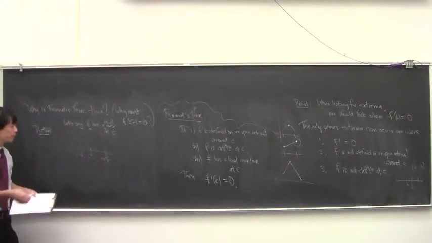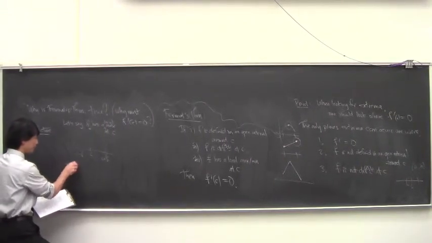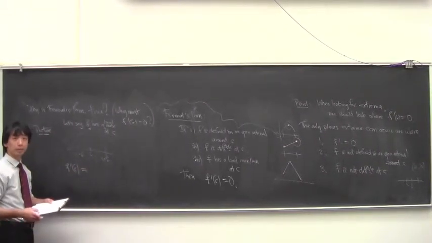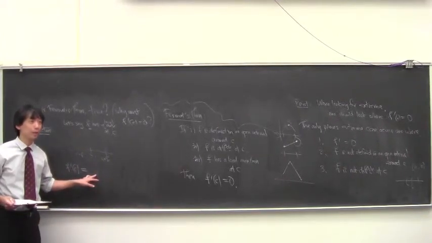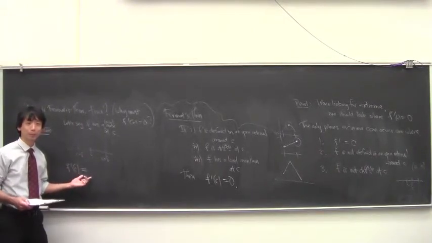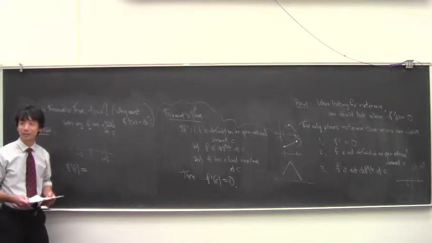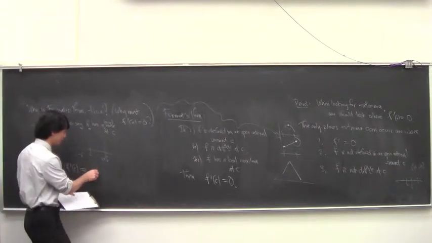Now let's think about the derivative, f prime of c. We're trying to see that the derivative is 0. Well, let's look at the derivative. How do we define the derivative? Anyone remember the definition of the derivative? Yeah, Victor. Slope of the tangent line. Can you give me the limit thing?